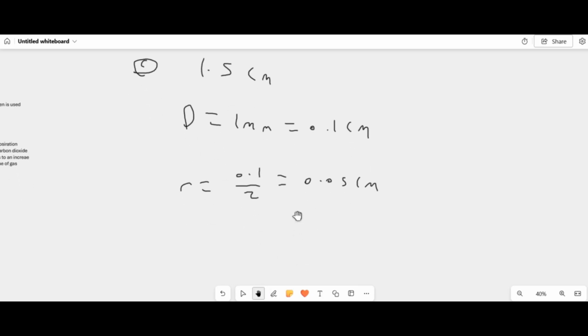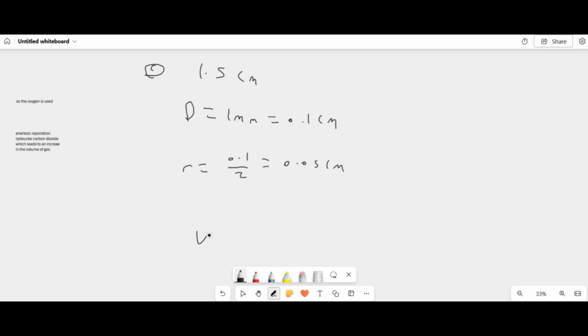Now V, volume, is equal to pi r squared L. So that's pi times 0.05 squared times L, which is 1.5 centimeters.